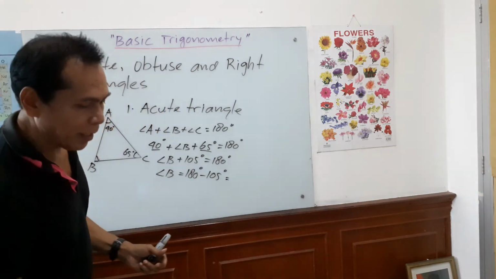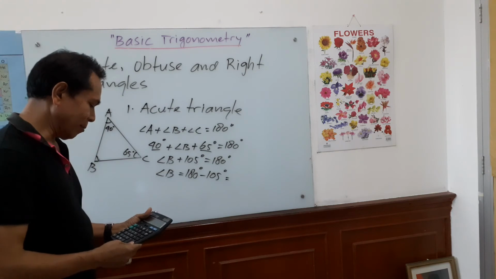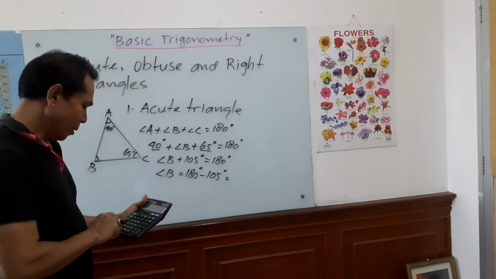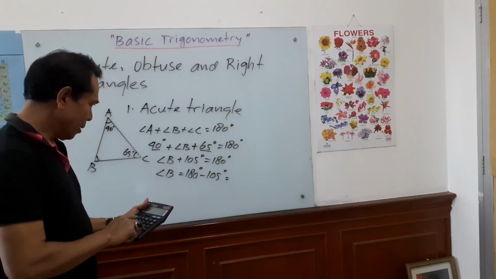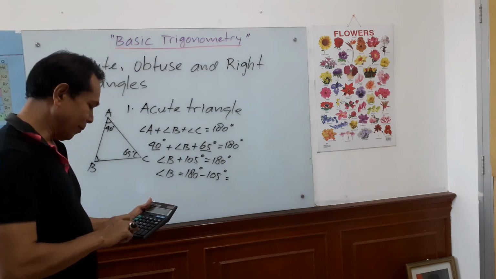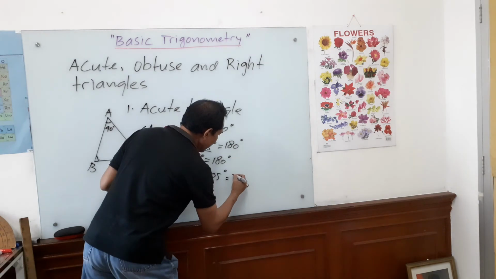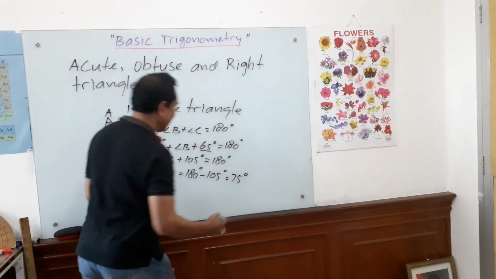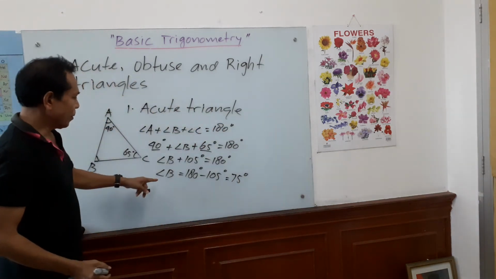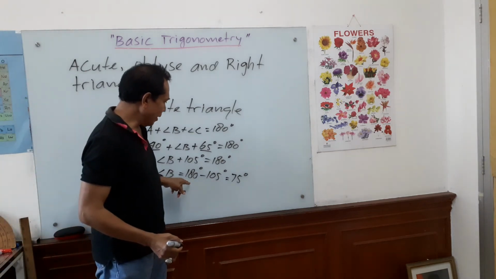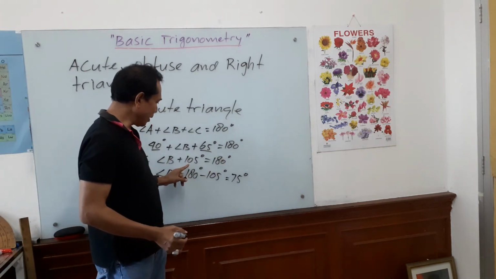To make it faster, you can use your calculator, okay? No problem. 180 minus 105, it's 75 degrees, okay? Now, angle B equals 180 minus this 105.